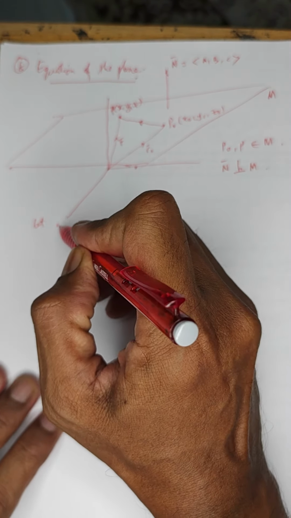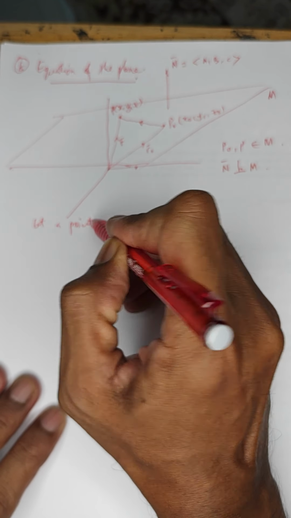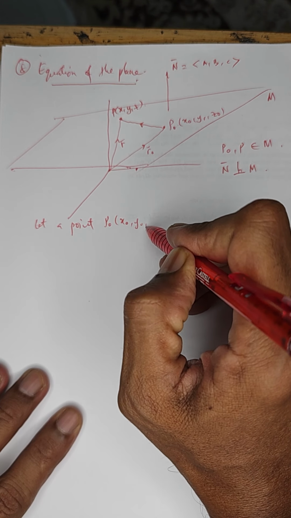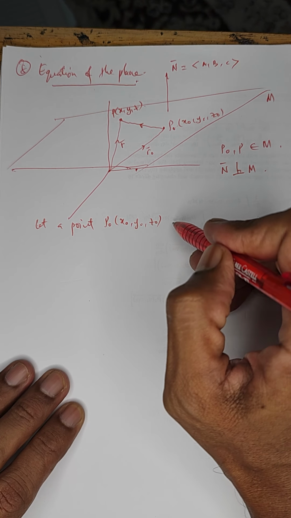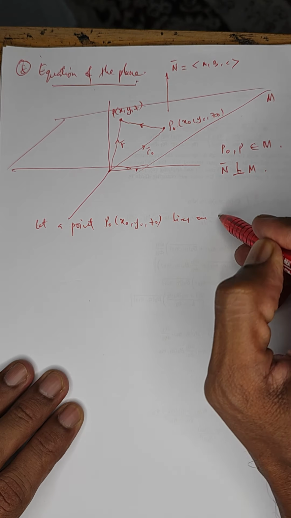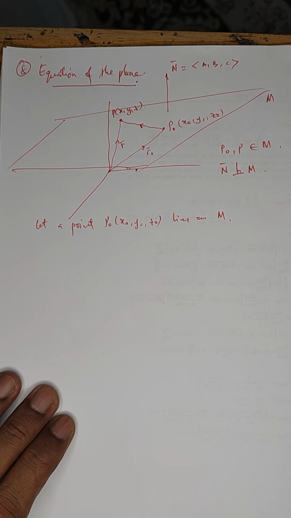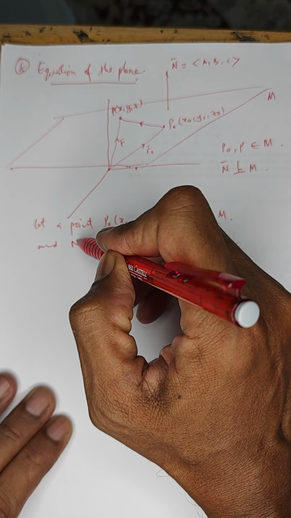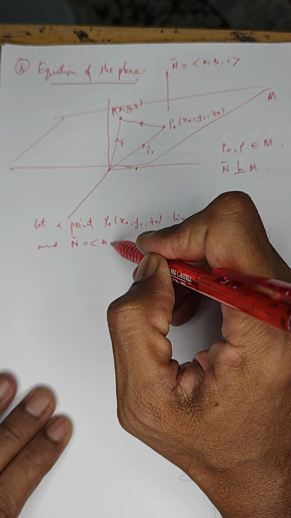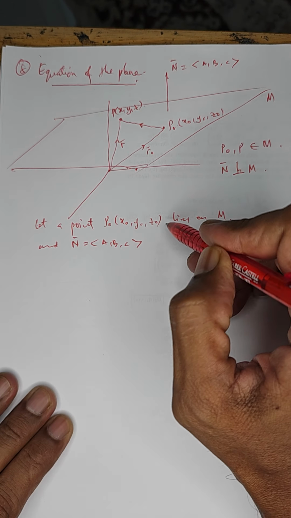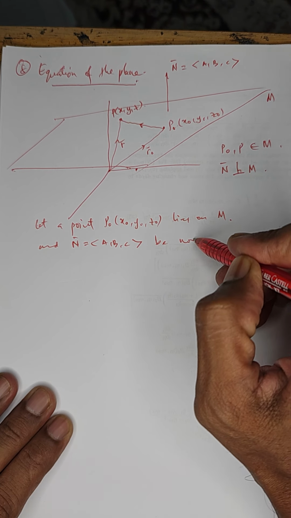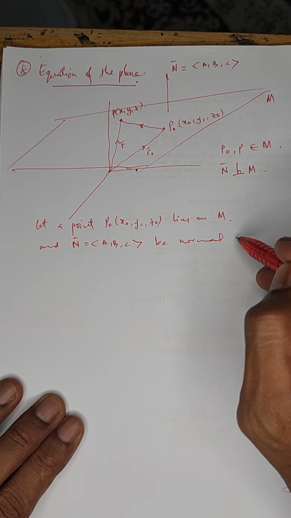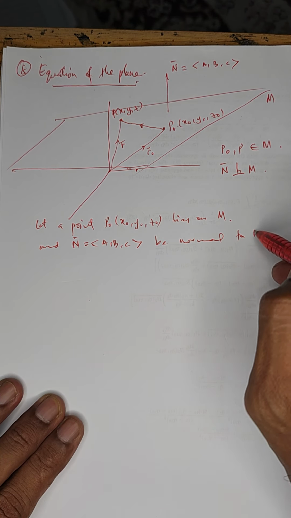Let a point P0 with x0, y0, z0 lie on M, and let n with components a, b, c be normal to plane M.